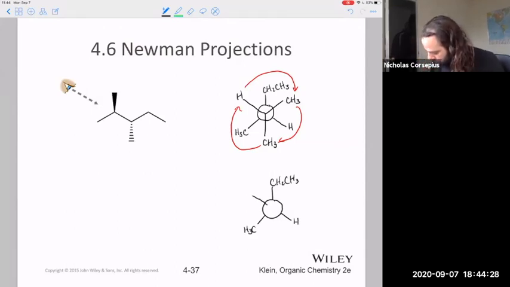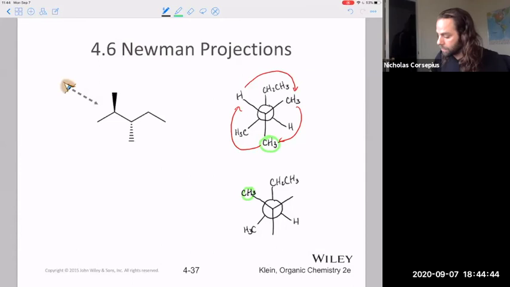But now I'm going to have to fill in my front carbon here, and I'm going to follow where everything goes. So the methyl group that was at the bottom is now going to be located over on the left here. The hydrogen is now going to be located on the right.